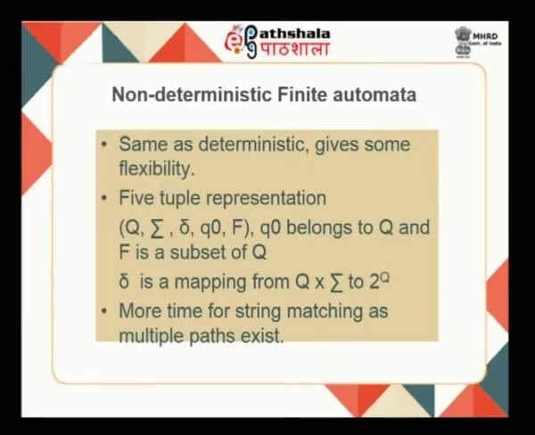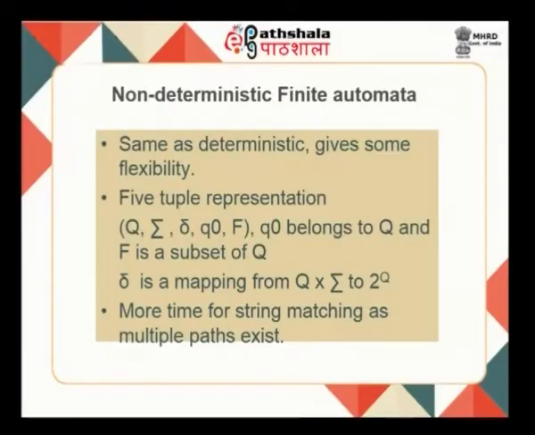Since I have multiple paths, for a particular string to belong to this automata, there could be multiple paths, that is from the start state to the final state on an input string you can have multiple paths available. Out of all these multiple paths, even if one path is going to take you to the final state, you will call that a string of the automata.